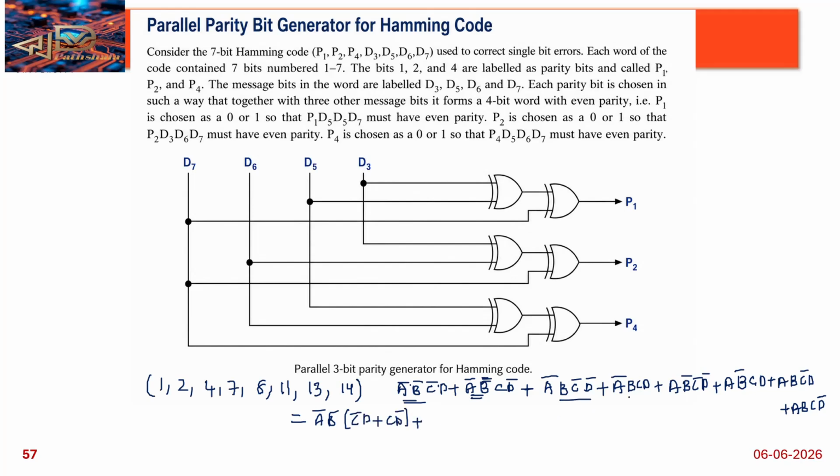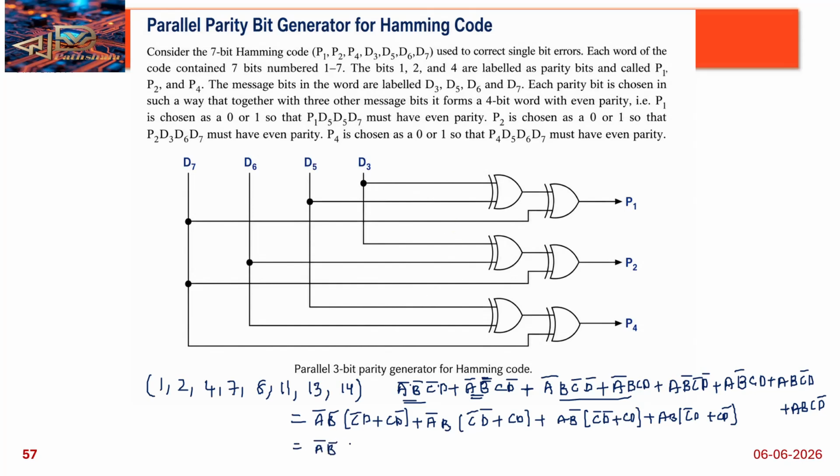And again the next two variables we can common: A bar B is the common variable and C bar D bar plus C D. Then the next two variables: A B bar is the common variable, and then C bar D bar plus C D. Again, what is the other variable here? A B is the common, C bar D plus C D bar.